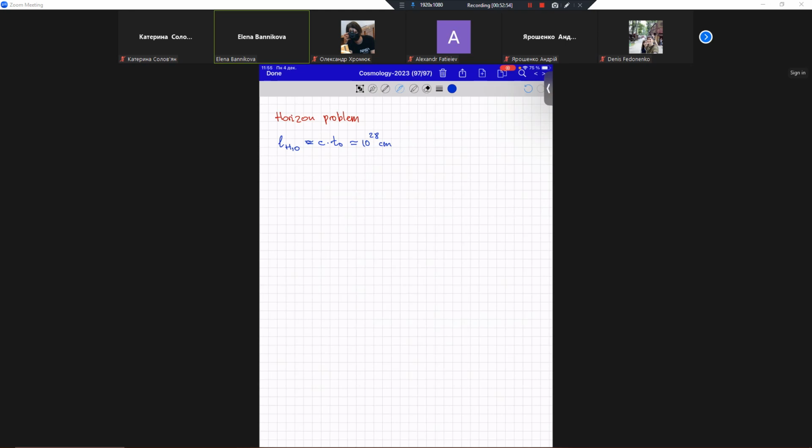I will remind that when we speak about the cosmological horizon, this is the principal region which allows us to get information about objects. We found a much more precise expression before, but in principle we can use c times t0 to estimate this region.